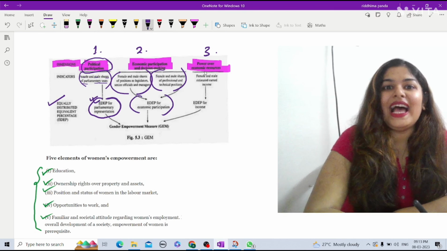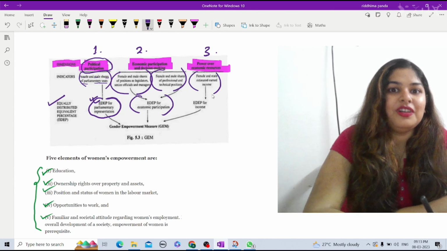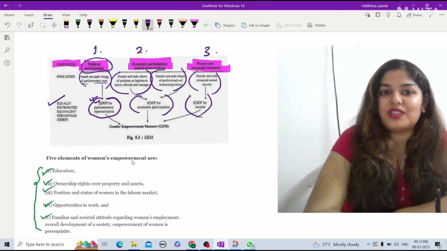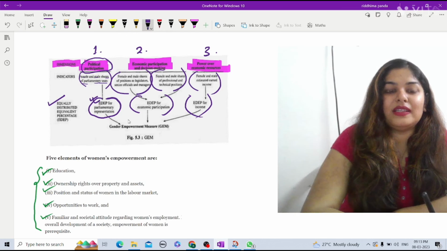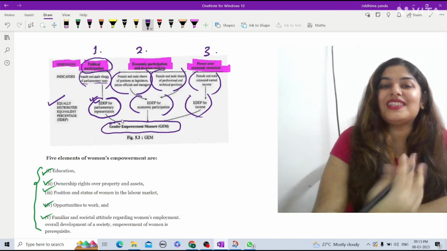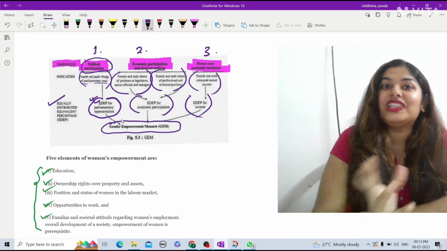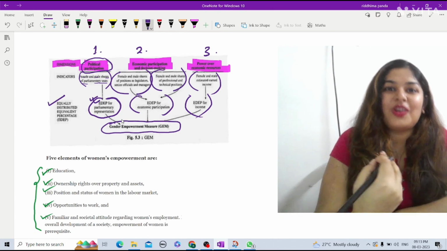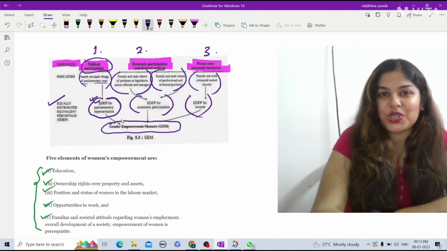And the last one is for economic resources, that is in terms of the income earned, and so that is again your equally distributed index. Now taking these together, the average, we will generate our GEM. So this is all about the difference between components of GDI and GEM. Quickly follow the next video to understand the construction of GDI.